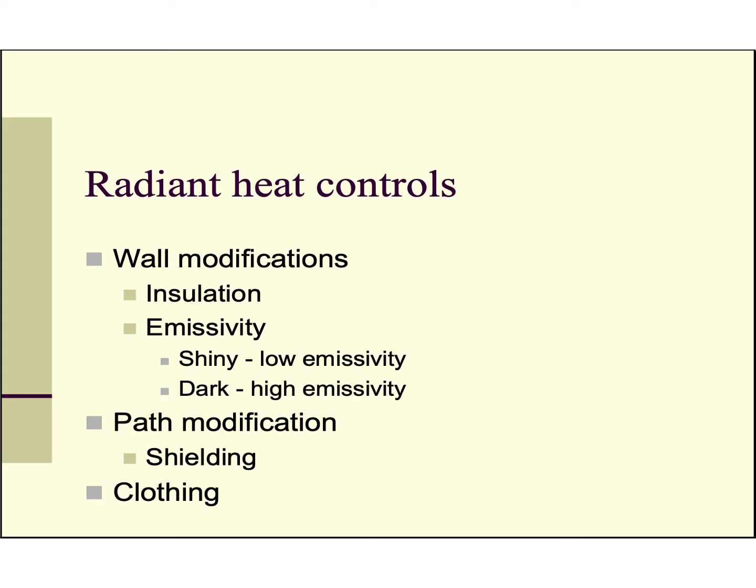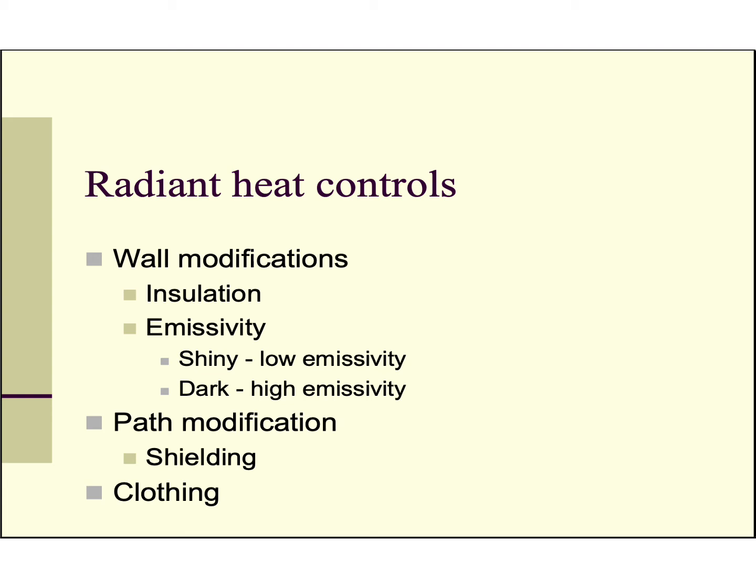Another control that may not seem quite so obvious is what's known as emissivity control. A shiny surface has low emissivity, by which we mean low efficiency of heat transfer. A dark surface has high emissivity and therefore radiates more heat. So very often hot objects are enclosed with a shiny metal skin of some sort.